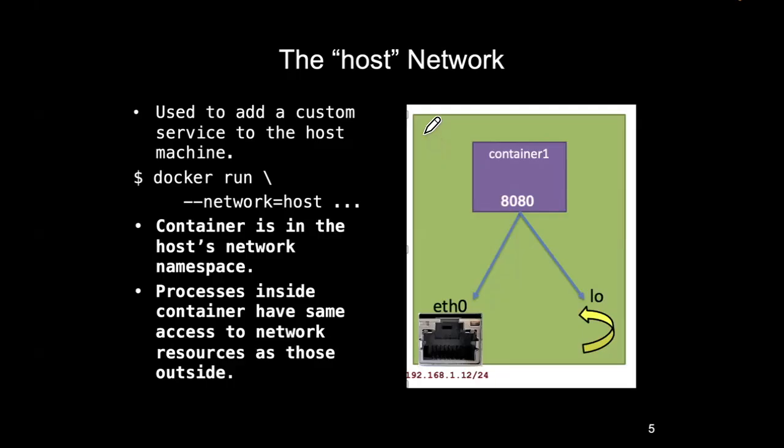So if this green box here is your personal computer and you've installed Docker Desktop, what you've actually installed, if I try and draw it like this, inside this box is a hypervisor, which I'll make this layer here.